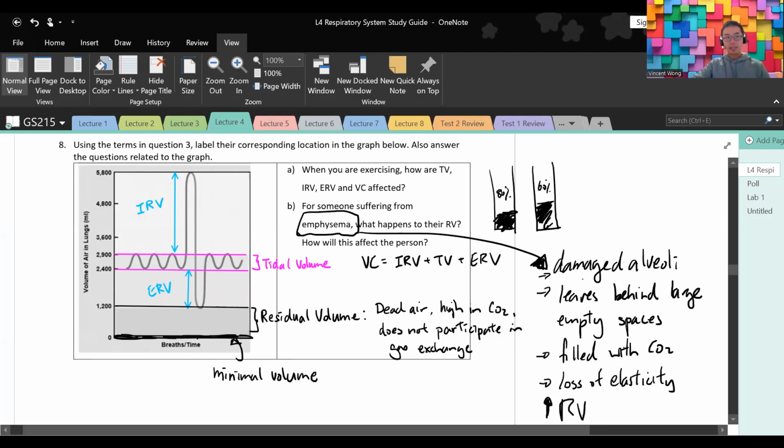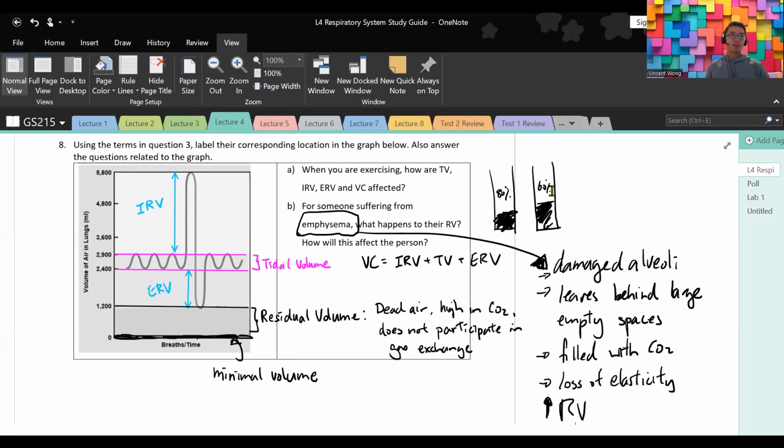Okay, what does that mean? It means now you have more dead space in the lungs, which means you have less space reserved for breathing, which means it will be difficult for gas exchange to occur. So you might have seen on TV or even in real life, someone sometimes has to carry an oxygen tank with them to breathe.